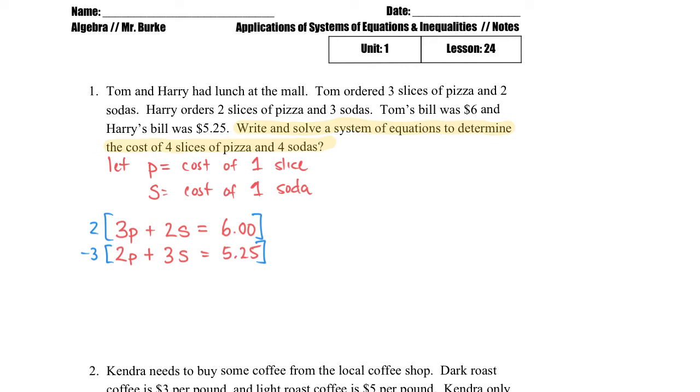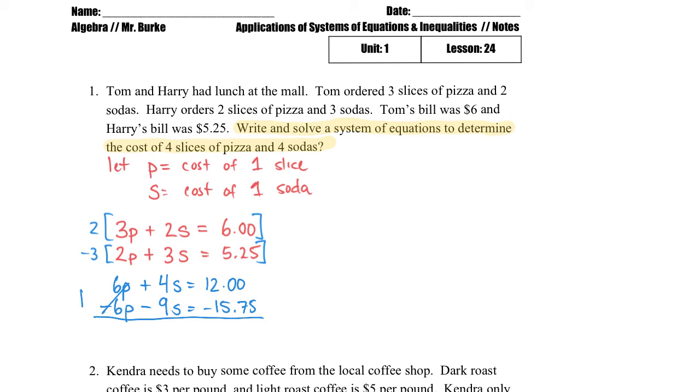So here we go. 6P plus 4S equals 12. And -6P minus 9S equals -15.75. Okay, let's solve.